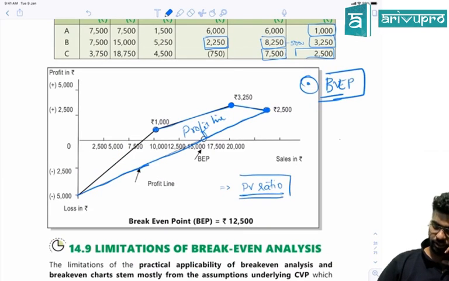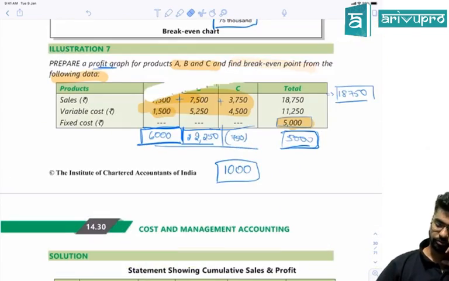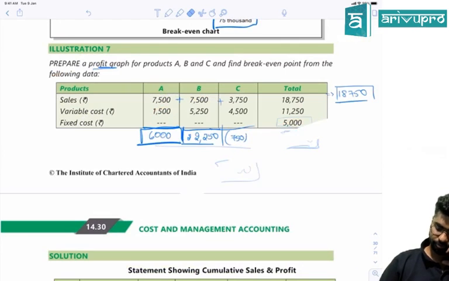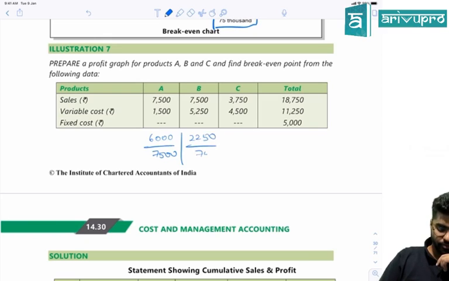See for the first one. How much is my first PV ratio? First PV ratio 6000 divided by 7500. Second one 2250 divided by 7500. Third one minus. So how much will it come?